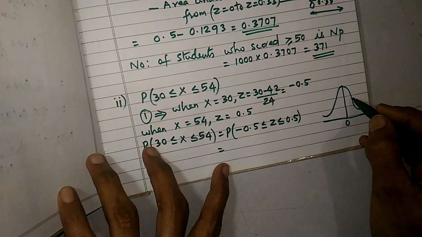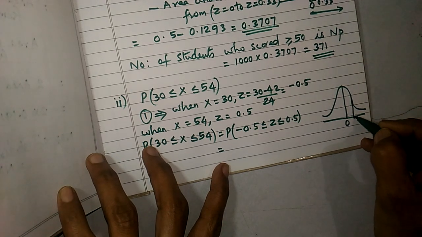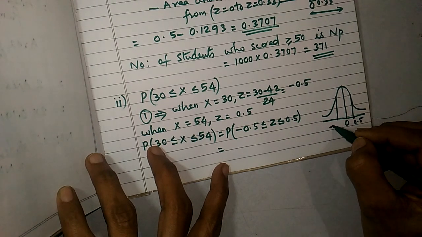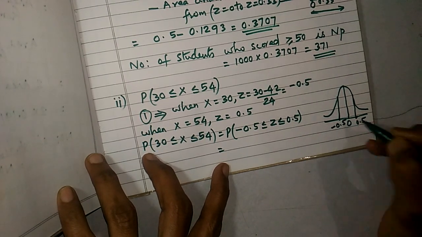This is 0. Suppose 0.5 is here and minus 0.5 is here.